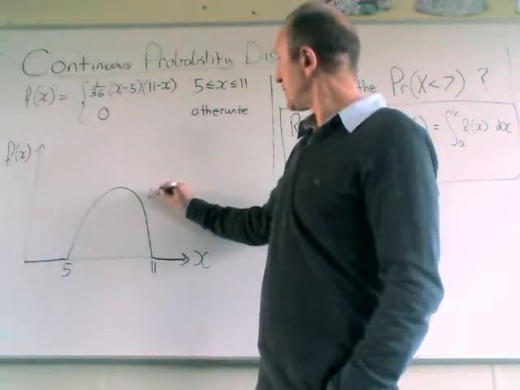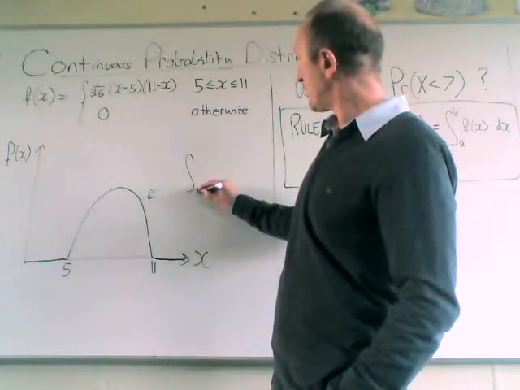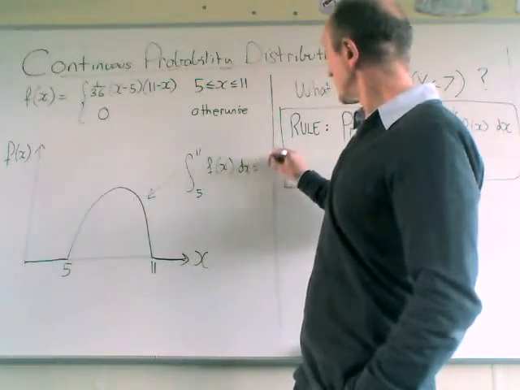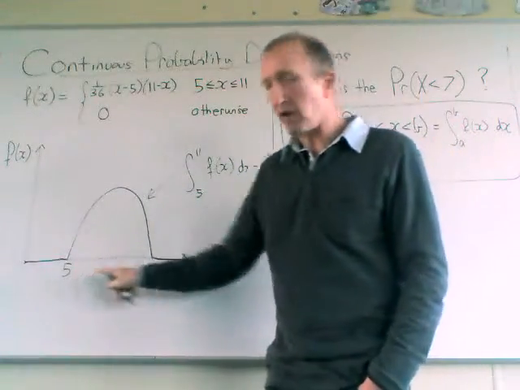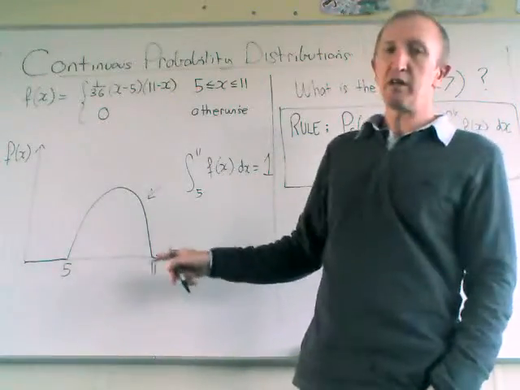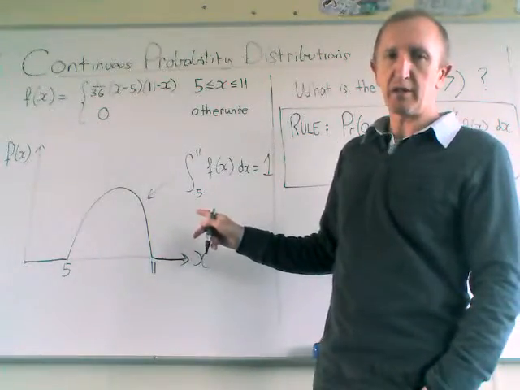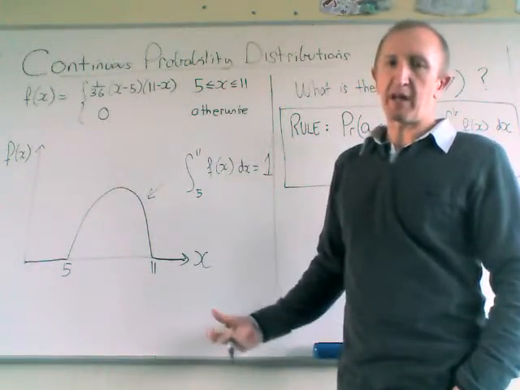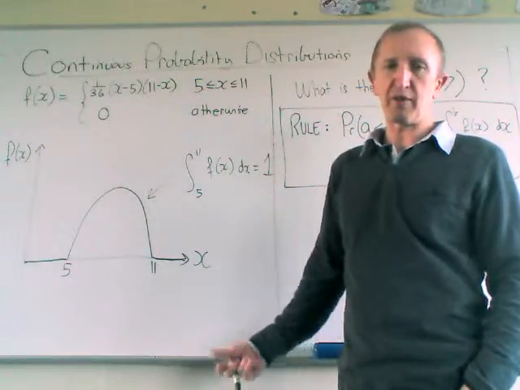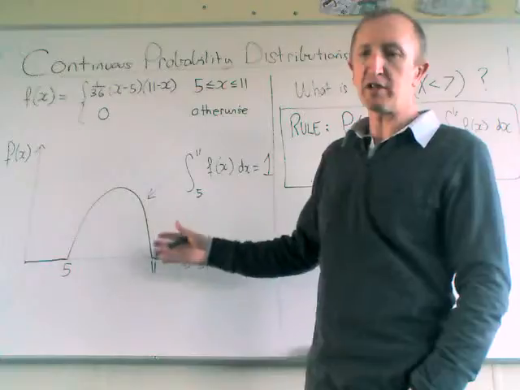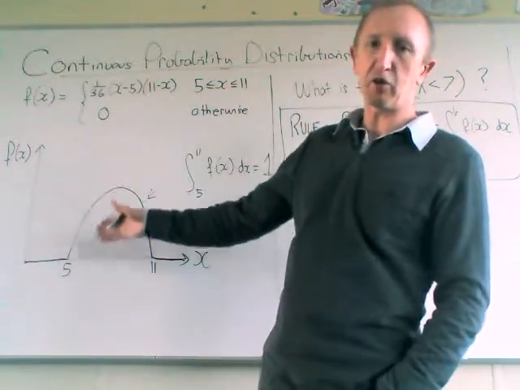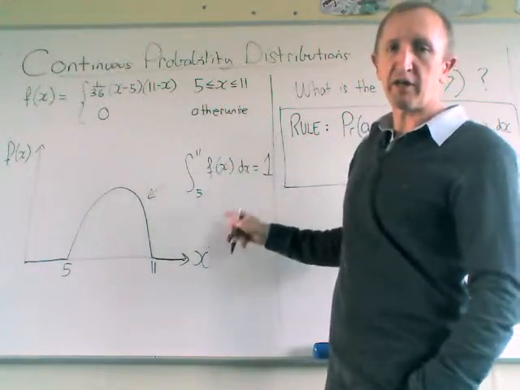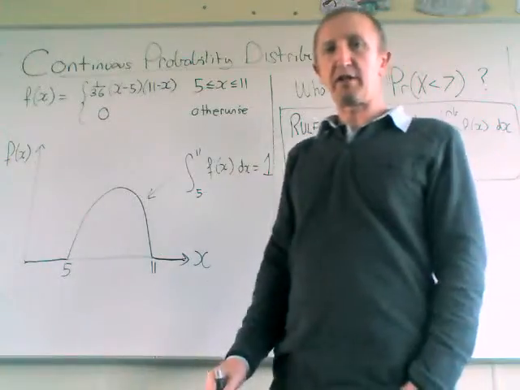So the first thing is that if we take the area between 5 and 11 for this particular function, it must equal 1. If it doesn't equal 1, then this is not a continuous probability distribution function. That might come up on the exam. It might say, prove that something is a continuous function, and then you have to prove that the area under the curve equals 1. If you want to have a go, type that in between 5 and 11, work out the area, it has to equal 1, and you'll see it does.